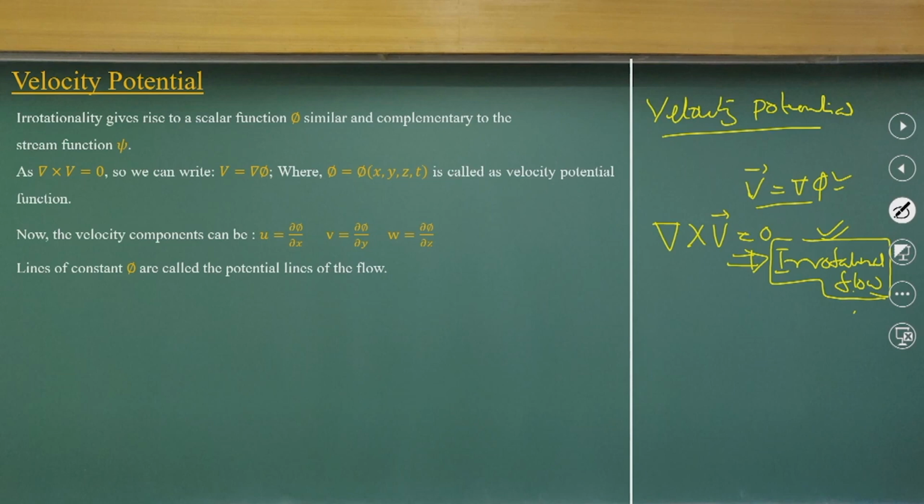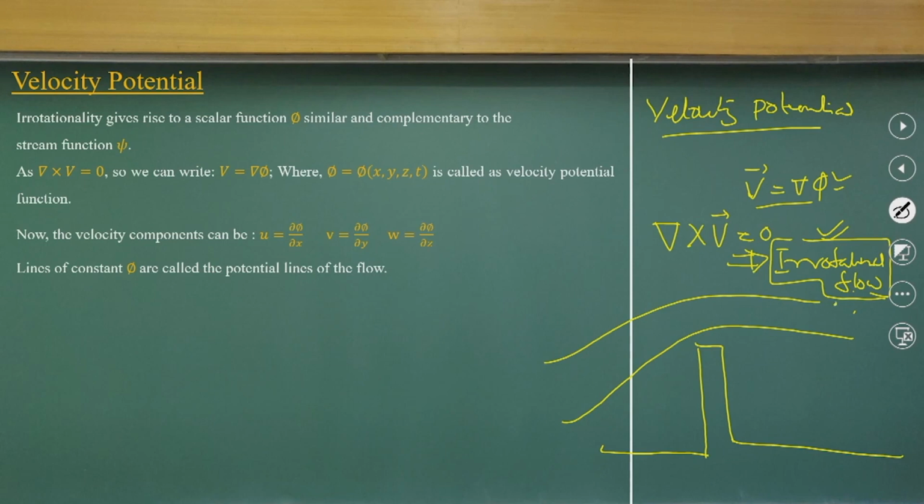That means, if I come back again to the same flow past a tall building, if I draw 2 streamlines, let me draw S1, S2, 2 streamlines. If I draw those 2 streamlines, then these are the streamlines, which are the psi function. Okay. This is the stream function.